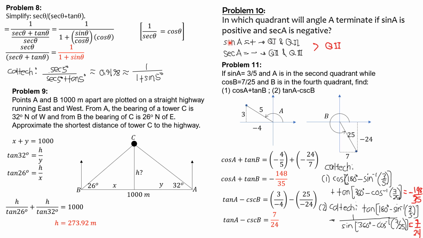Problem 10, in which quadrant will angle A terminate if sine of A is positive and secant A is negative? Sine of A is positive in the first and second quadrants. Remember, y is positive in the first and second quadrant.